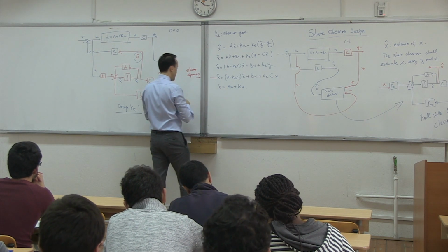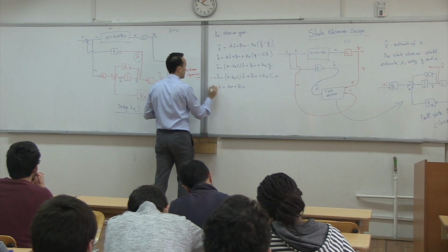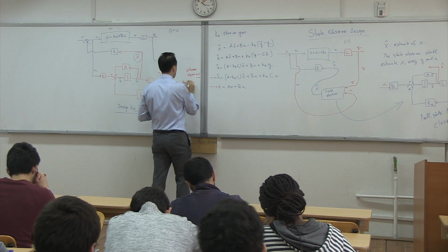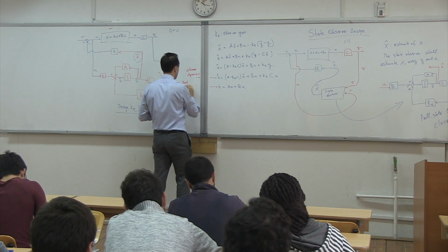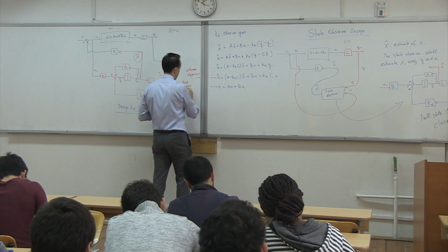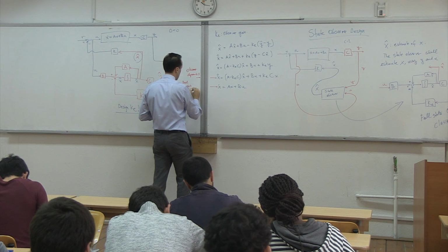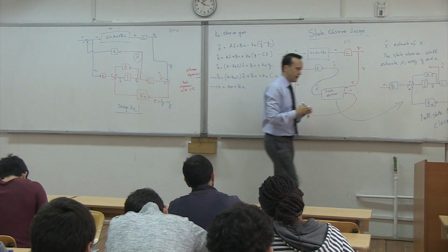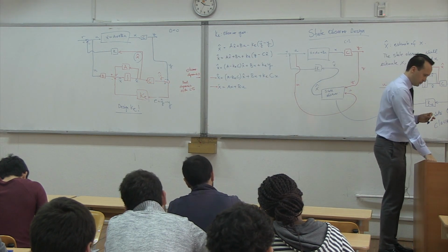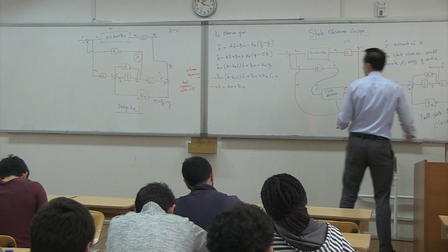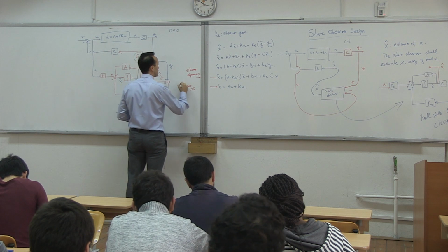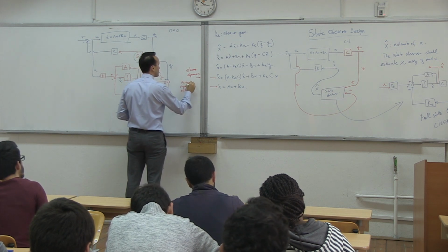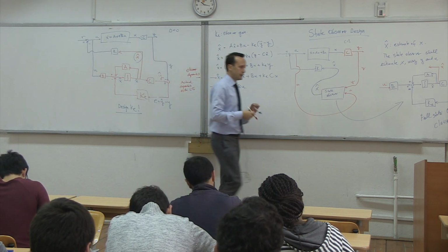Right? That's the real dynamics of the system, the real dynamics of the LTI. Or you might want to call it actual dynamics. I mean, real dynamics is a little funny word. Let's call it actual dynamics.